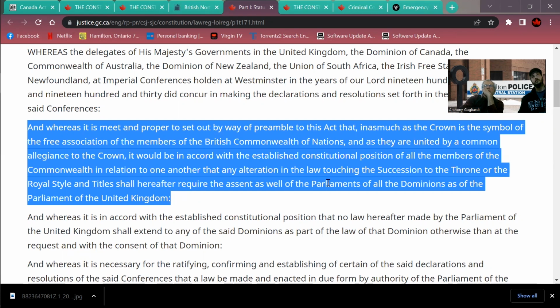So this to me says you cannot escape the crown unless all the Dominion partners agree that you can escape the crown.